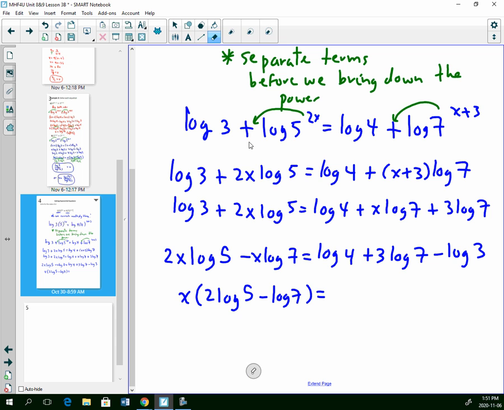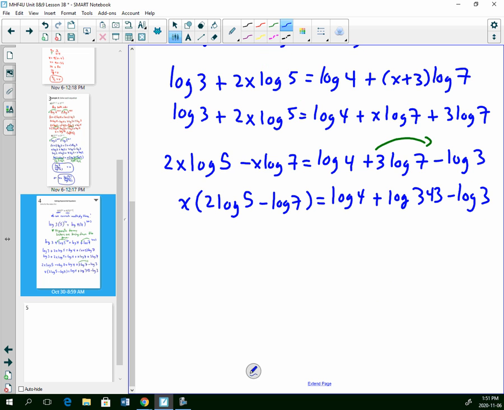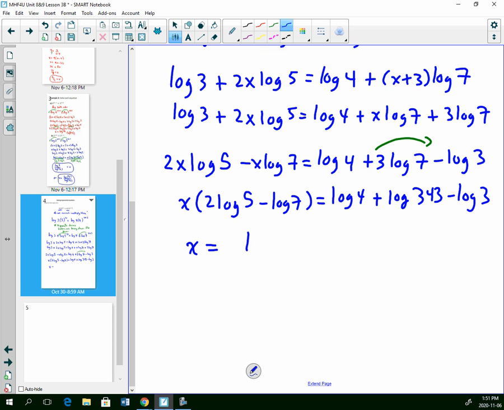And I'm going to start putting things back up. So I'm going to put the 7 to the power 3 back up. So 7 to the power 3 is 343. And then we'll isolate for x. So we're going to start putting these back together. This is 343.